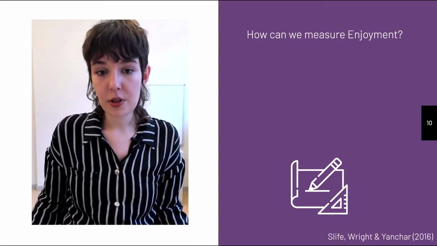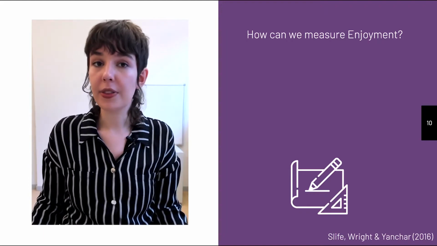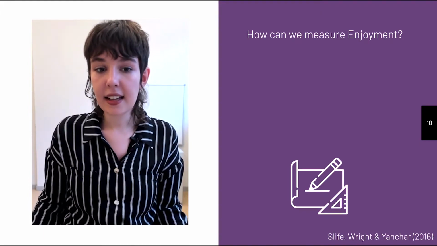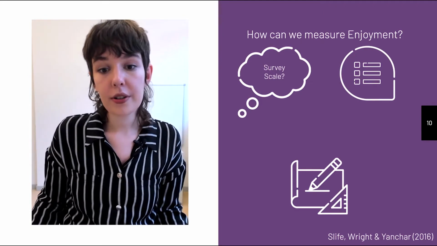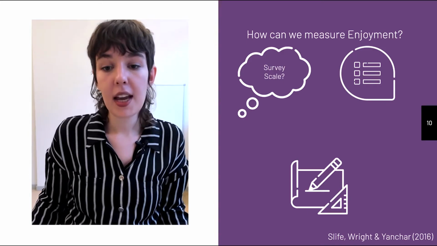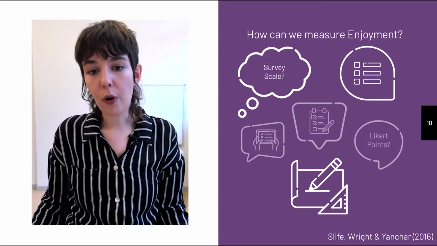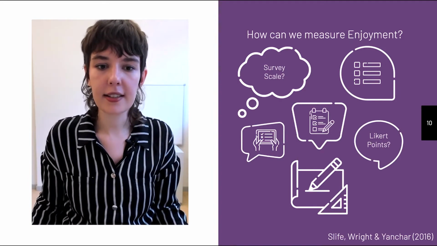Once the conceptual questions have been answered, we need to ask questions about the how or the operationalization. Does a scale that fits your understanding of enjoyment exist, or do you have to make your own? If you're choosing an existing scale, what is its standardized form, and do you have to adapt it for your own research context?